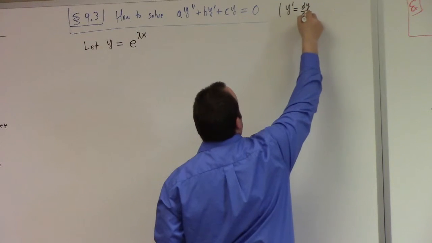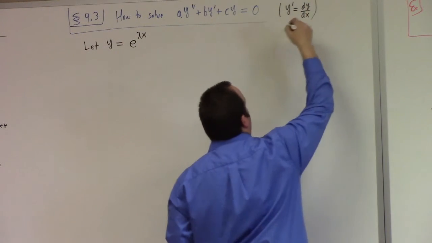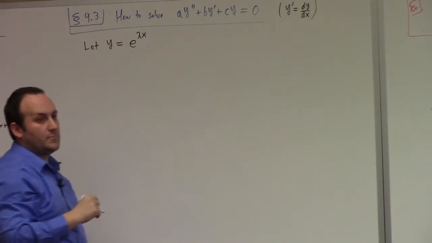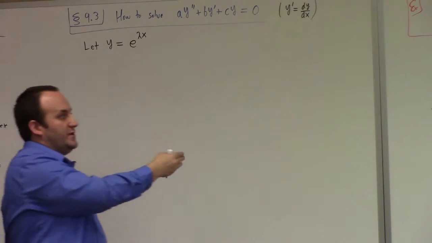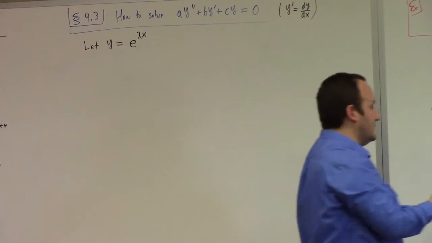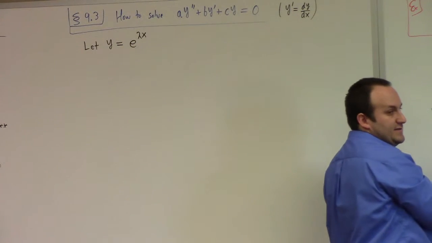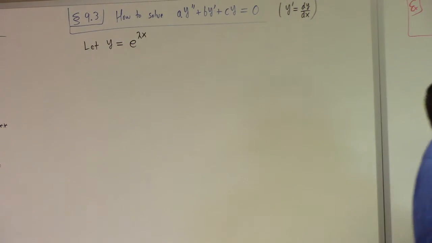We're going to use x as the independent variable. I've shown you some examples where we use t as the independent variable, and this one used x. We kind of go back and forth.